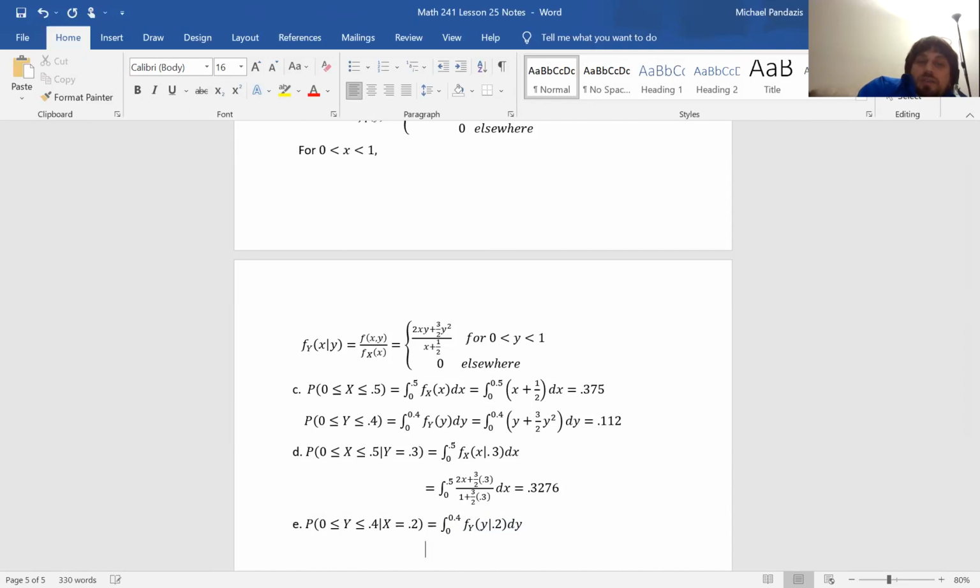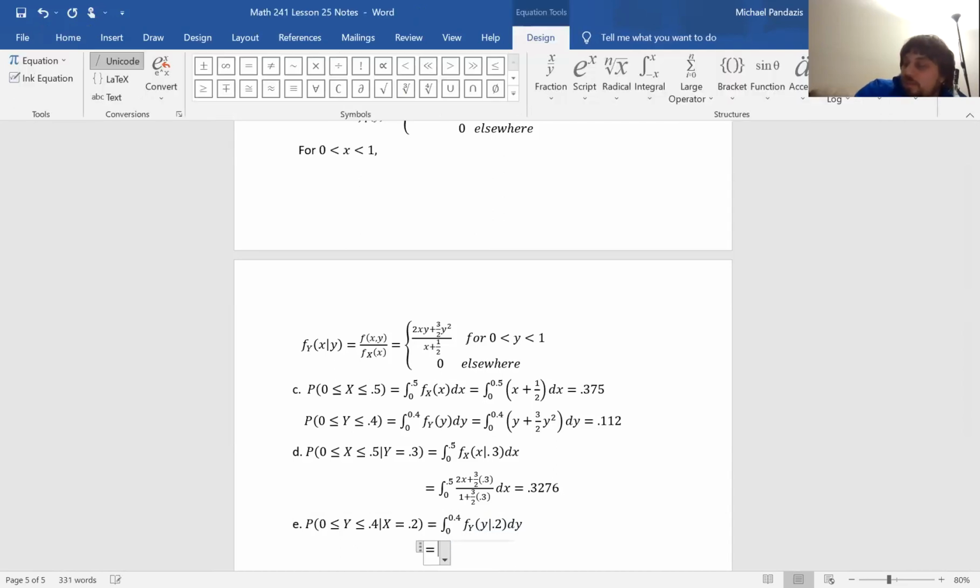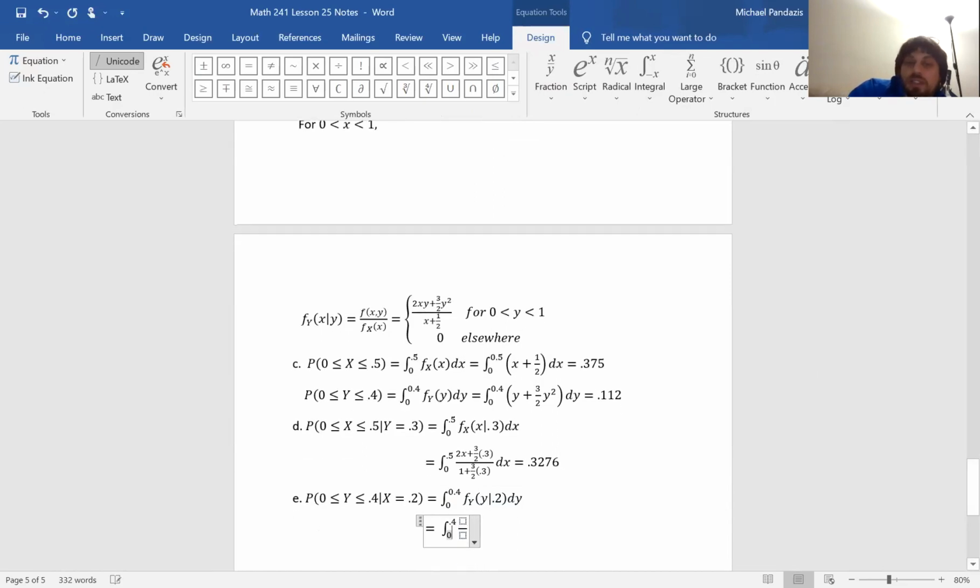And so that's equal to the definite integral from 0 to 0.4 of 2 times 0.2 y plus 3/2 y squared.